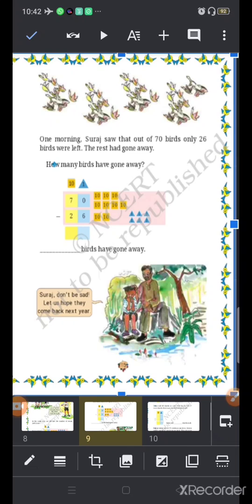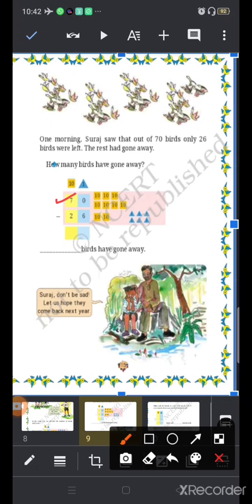There are a total of 70 birds. And how many are left? 26 are left. Now, how will we find how many birds have gone away? With the help of subtraction.